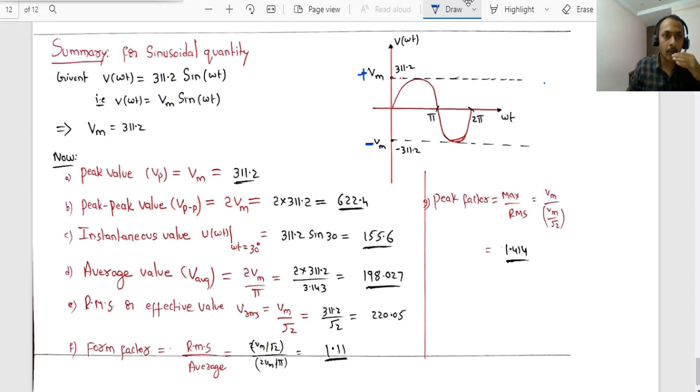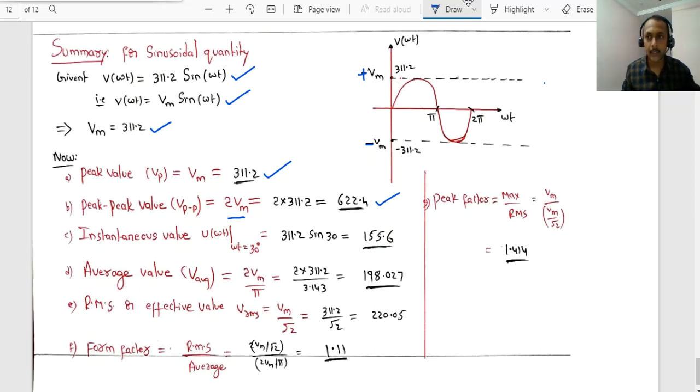Its mathematical form is V of t equals 311.2 sin omega t, and V of t equals Vm sin omega t. Its peak value Vm is 311.2. That is what we have written here. Peak value is Vm, Vp. Peak to peak value is 2 times Vm. 2 into 311.2 is 622.4, the peak to peak value.